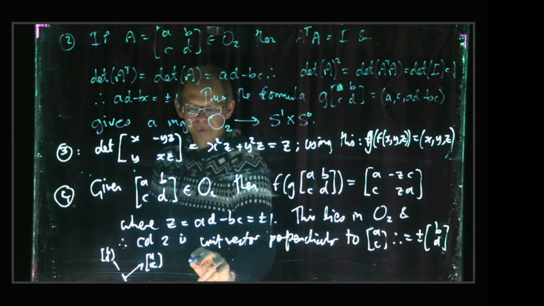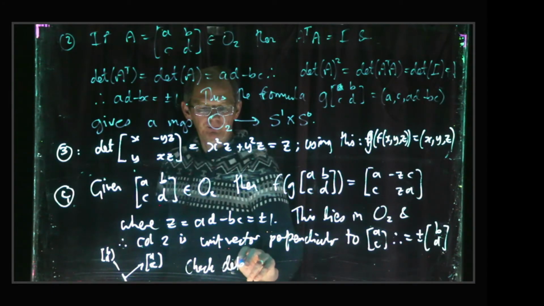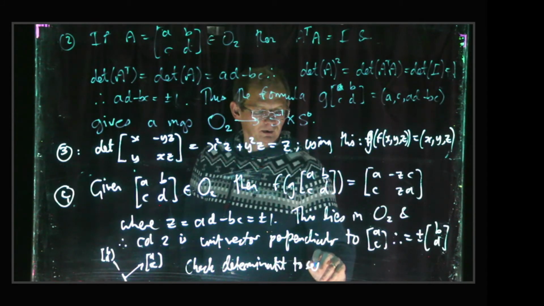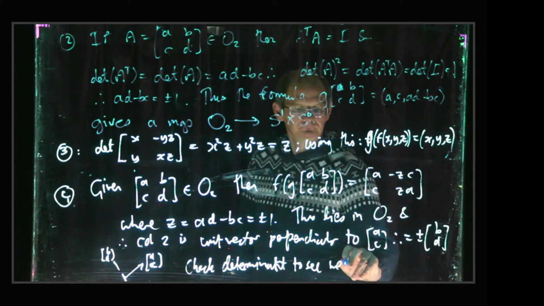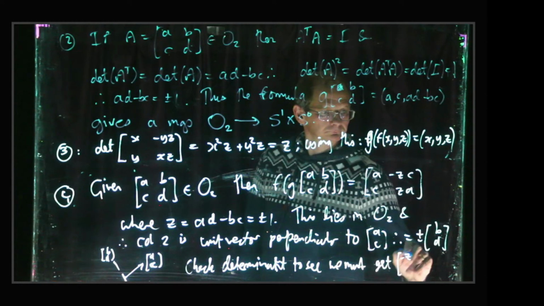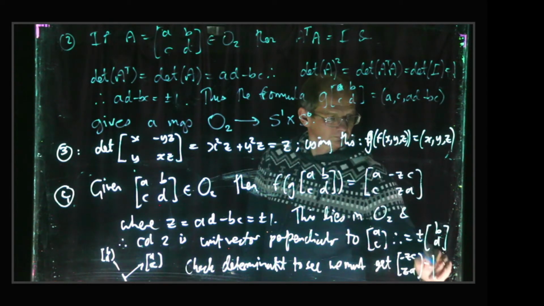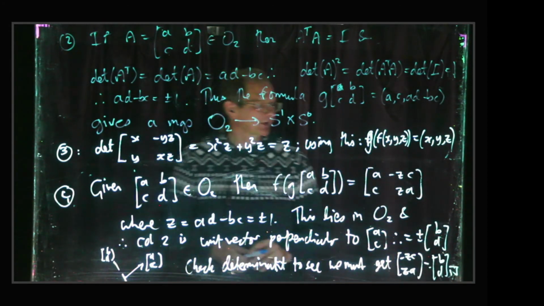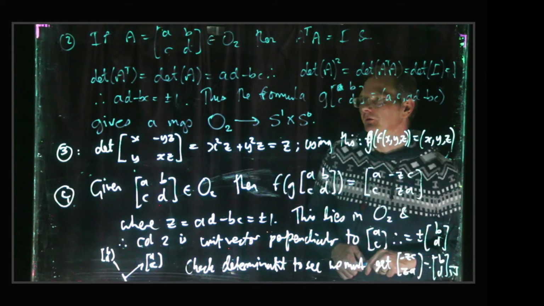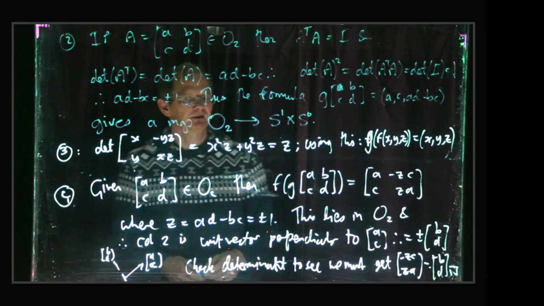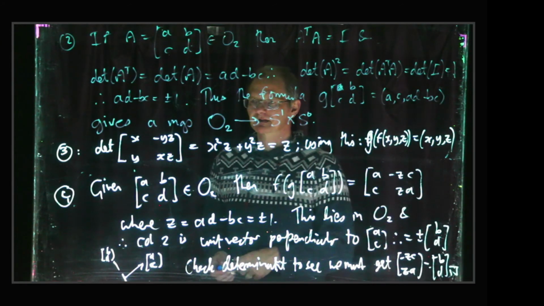And then you just take determinants to see that it's got to be equal to BD. And that proves that the composite the other way around is the identity as well. Also it's clear that these maps F and G are both continuous because we've just got polynomial entries. So we've got continuous maps both ways and they're inverse to each other. So we've got a homeomorphism.